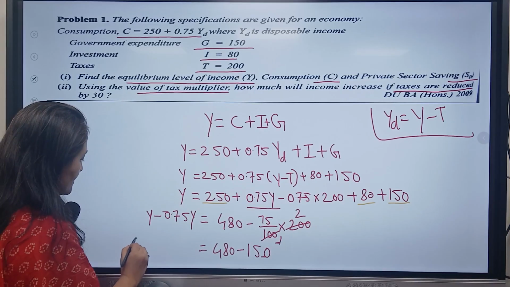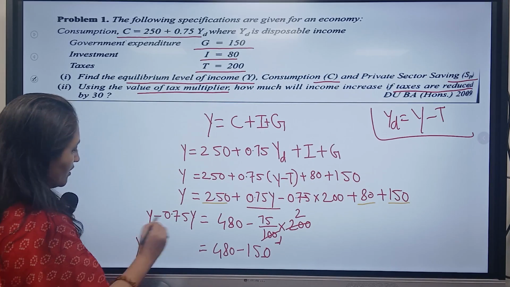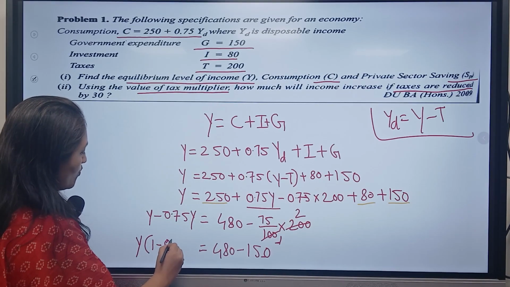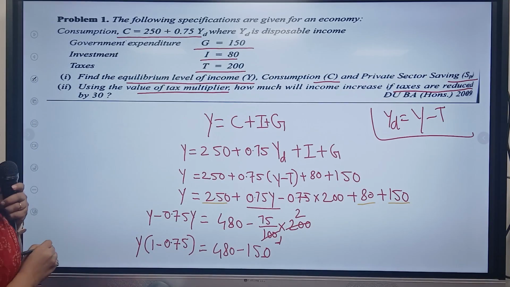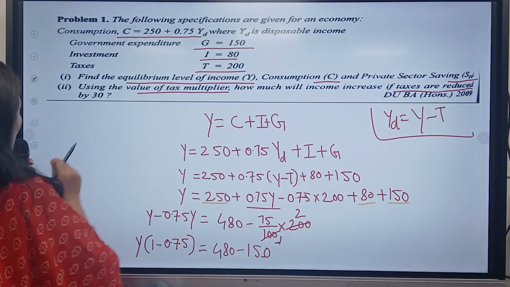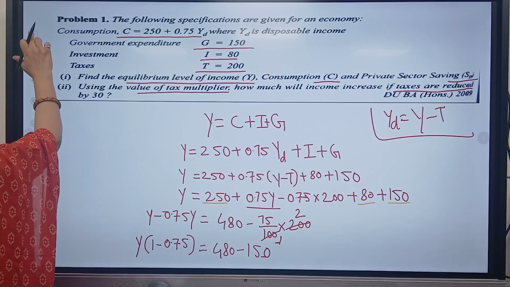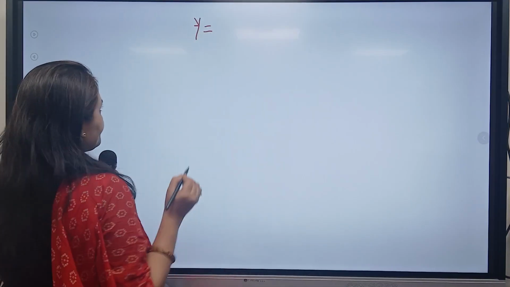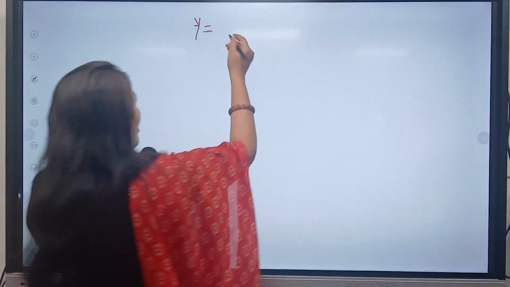We can write it as Y in bracket; we have taken Y common, bracket 1 minus 0.75. Let's solve this on the next slide, keeping these values in mind. So we have Y is equal to, 1 minus 0.75 goes to the right hand side.